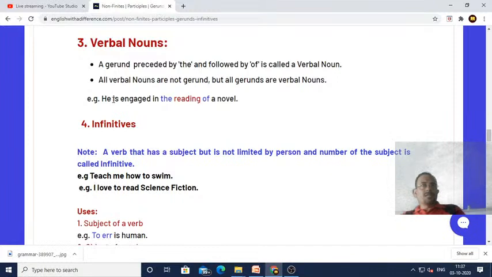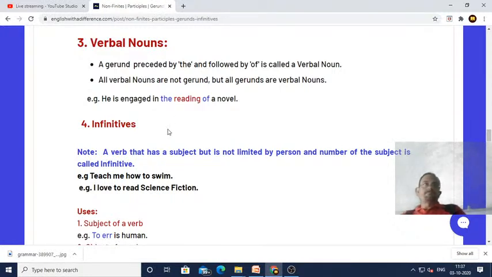So if we get a sentence in which ing is preceded by the and followed by of, dear students, this is an example of verbal nouns.